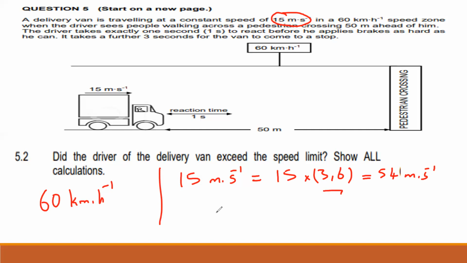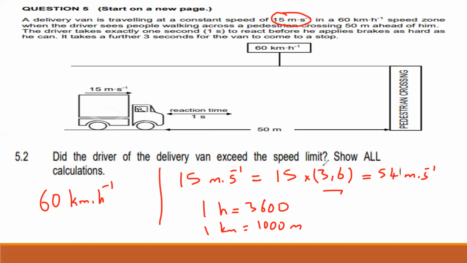Because we know 1 hour equals 3,600 seconds, and 1 kilometer equals 1,000 meters. So 3,600 over 1,000 is 3.6.